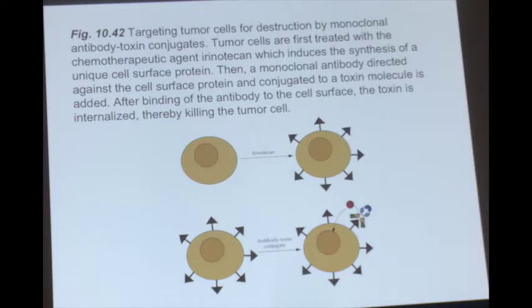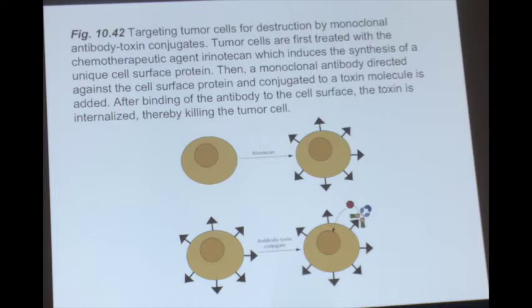Now we're going to add an antibody, whether it's a fragment or a whole antibody, and it's going to be conjugated to a toxin. That's shown here. Again, it's a cartoon, so this doesn't imply too much about mechanism. The antibody is binding to those new proteins on the surface, and it's fused to the toxin.